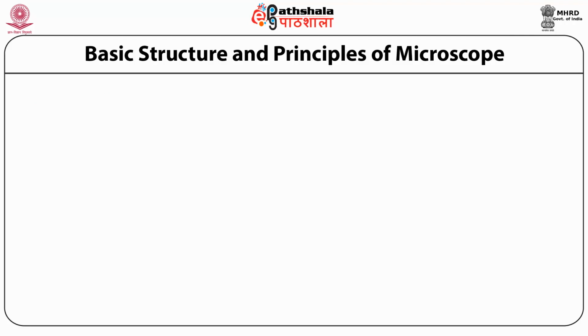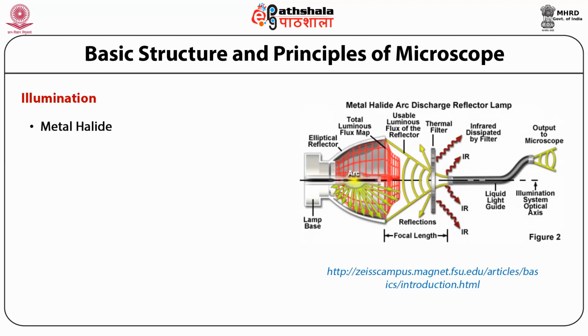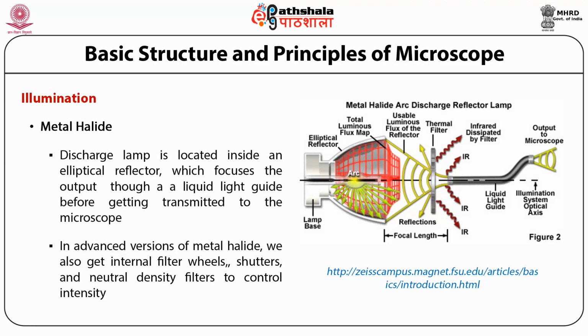So, detail about one of the illumination sources which is commonly used nowadays is metal halide, and metal halide is actually a discharge lamp that is located inside an elliptical reflector which focuses the output light through a liquid light guide before it gets transmitted to the microscope.